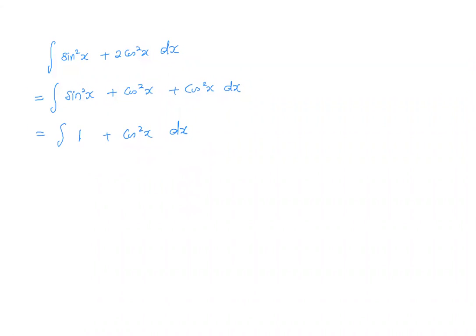Sin square plus cos square equal to 1. Cos square is half of 1 plus cos 2x, correct? Okay. So if I simplify this, 3 over 2 plus half cos 2x.